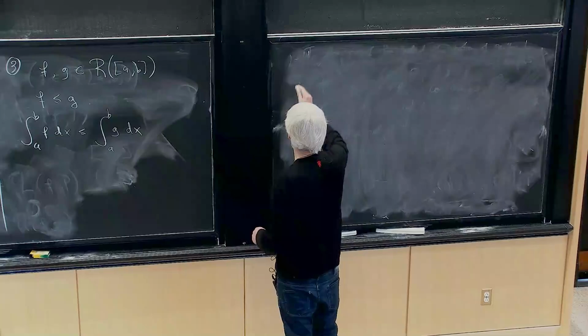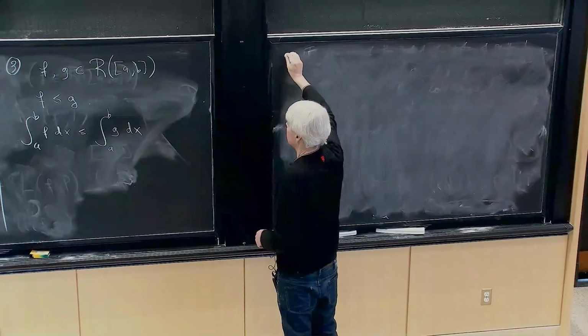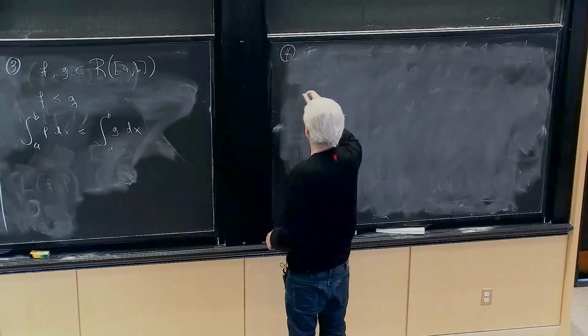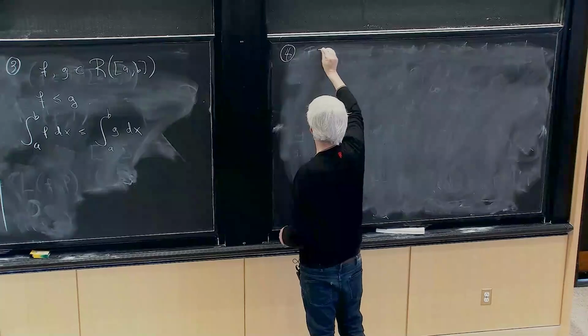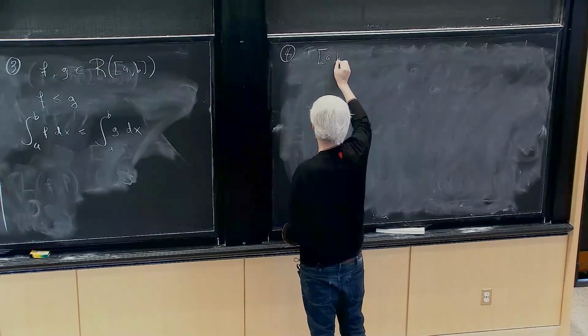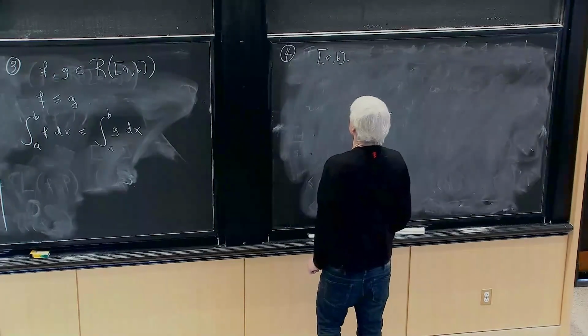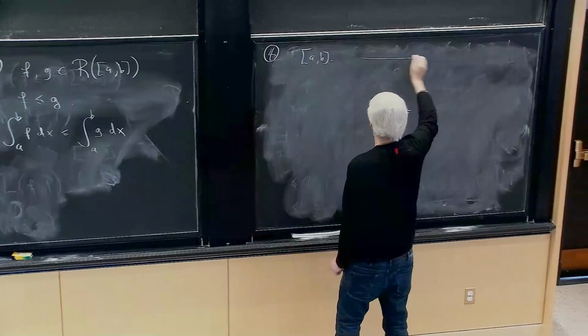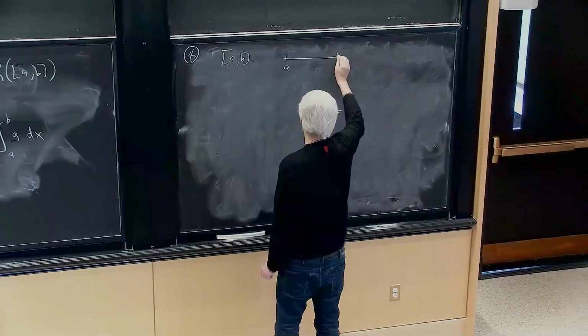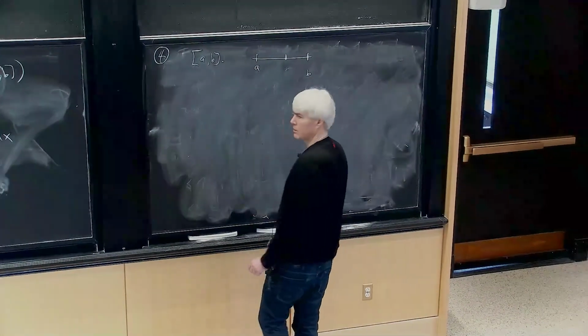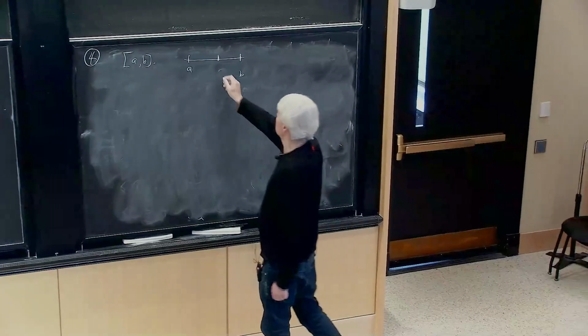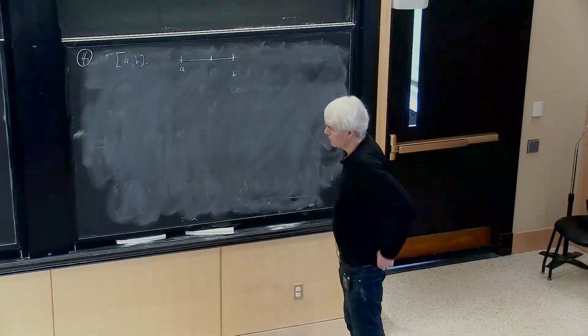I won't prove the first one for sure. So the fourth is that if you take this interval from a to b, here you have a, here you have b, and imagine that c is somewhere in between a and b.